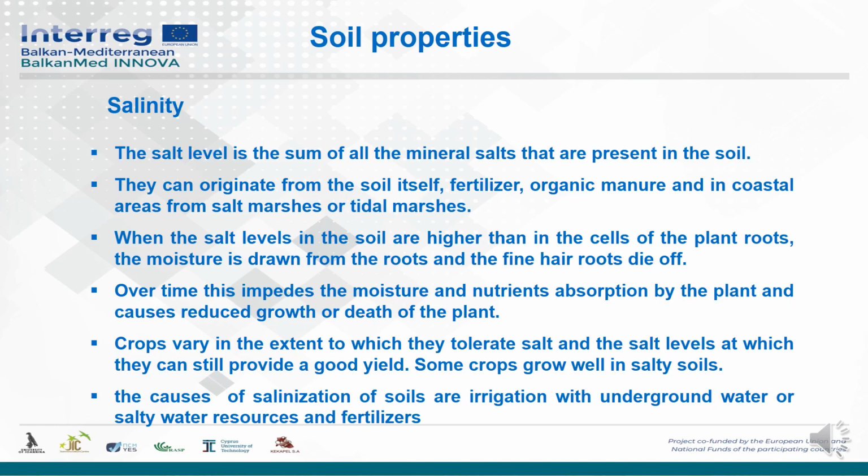Another chemical property of the soil is salinity. Salinity is related to the salt content in the soil. The salt level is the sum of all the mineral salts that are present in the soil.